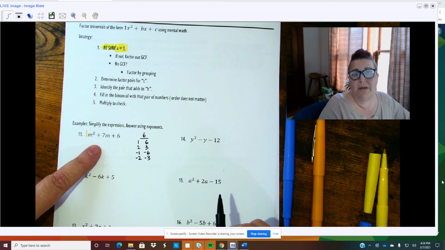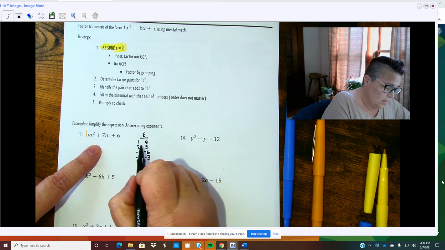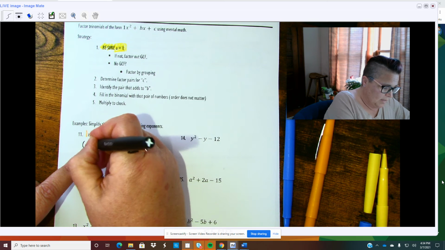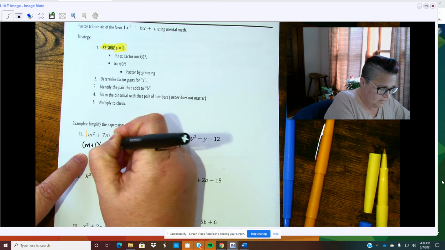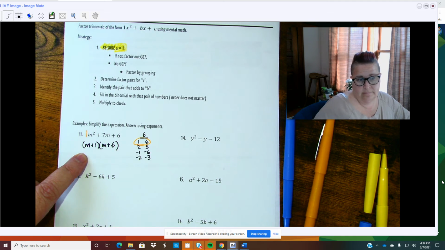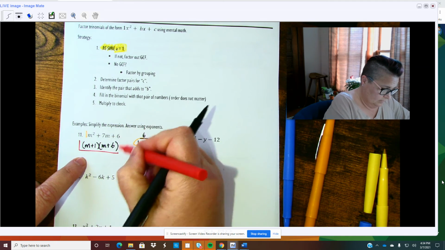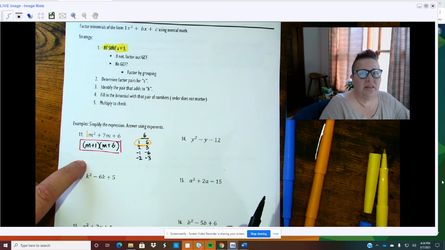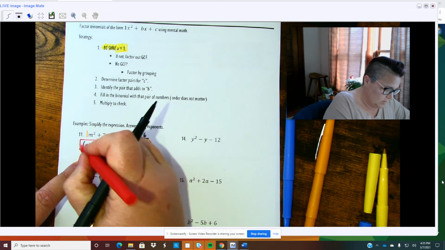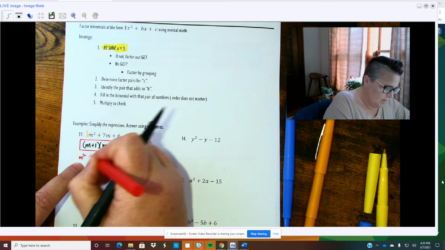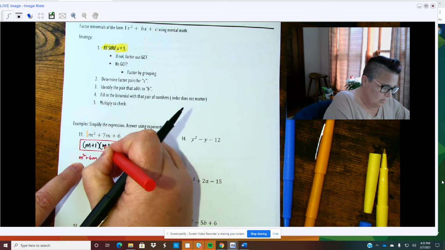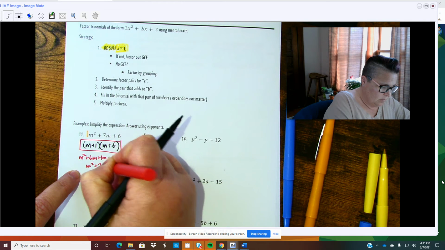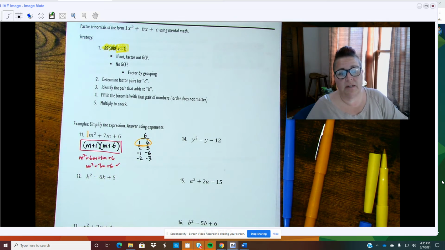If at any point you hit upon them, you use it. The 1 and the 6 will work. So this factored will be m plus 1, m plus 6. If you're not sure, particularly because you're using mental math and you may not feel secure about it, go ahead and multiply back. This will be m times m plus 6m plus 1m plus 6, or m squared plus 7m plus 6. Yep, you did it.